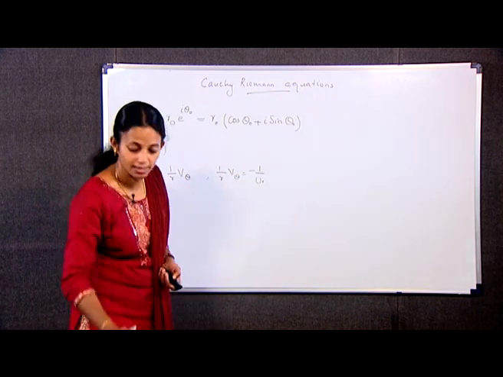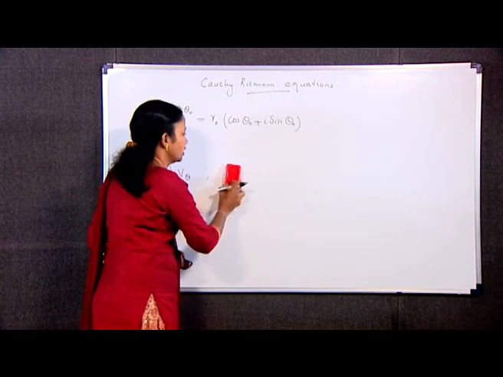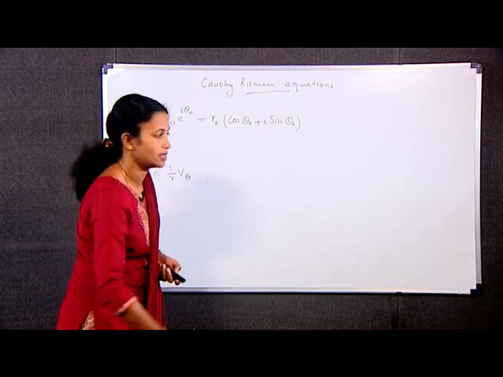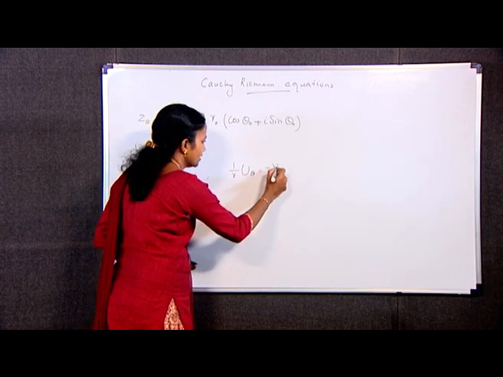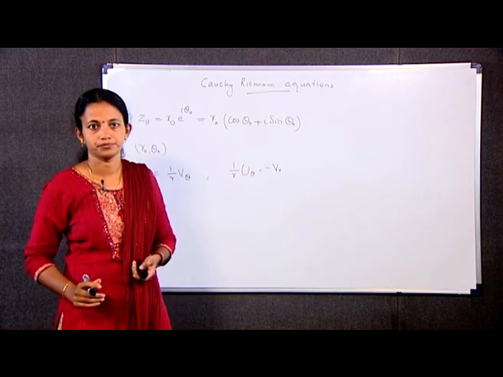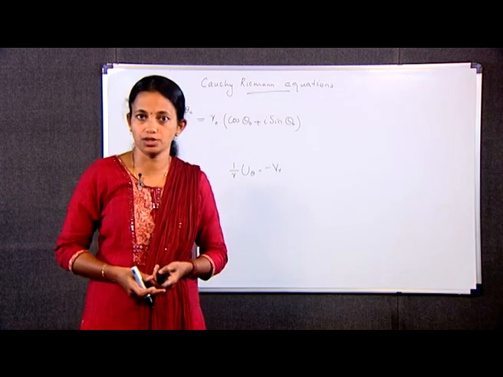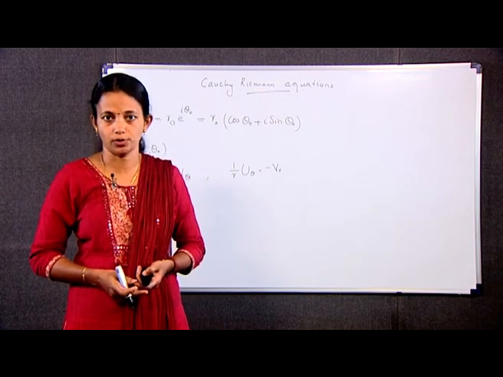One by r v theta, here we have 1 by r u theta is equal to minus v r, the Cauchy-Riemann equation at the point r naught theta naught.